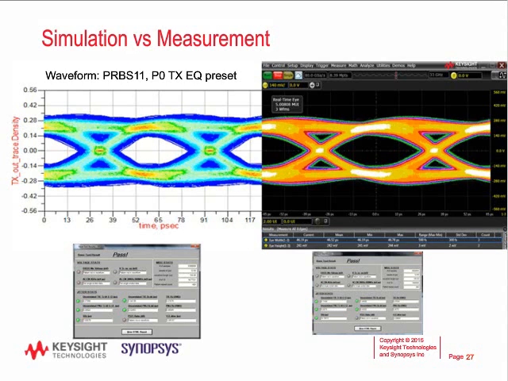For this comparison in this simulation, what we have done is we have used a preset of 0 with PRBS pattern of 11. In addition to the waveforms closely matching, as can be seen, we've also passed both the simulation and measurement waveforms results through the SIG test. For measurement, this is very straightforward.